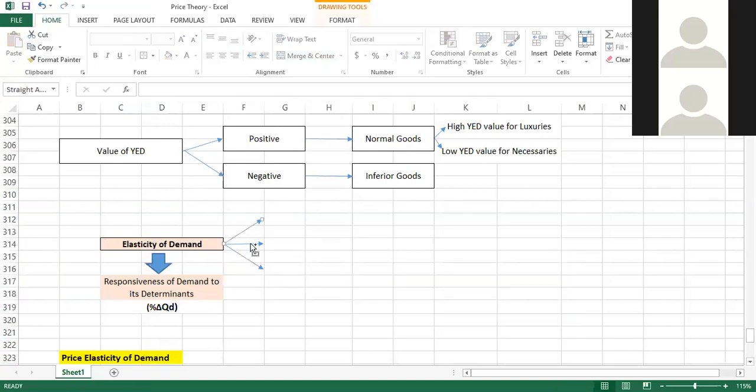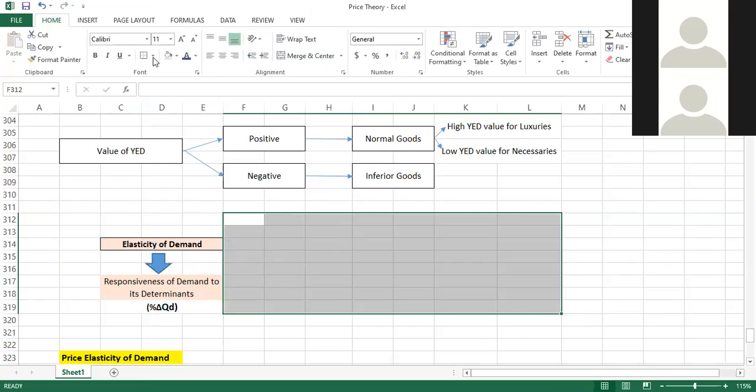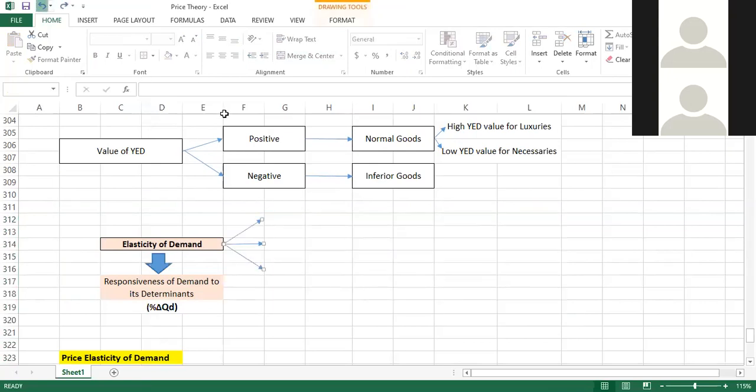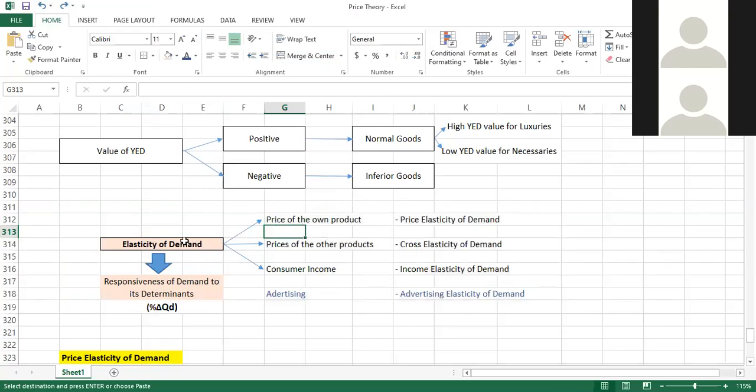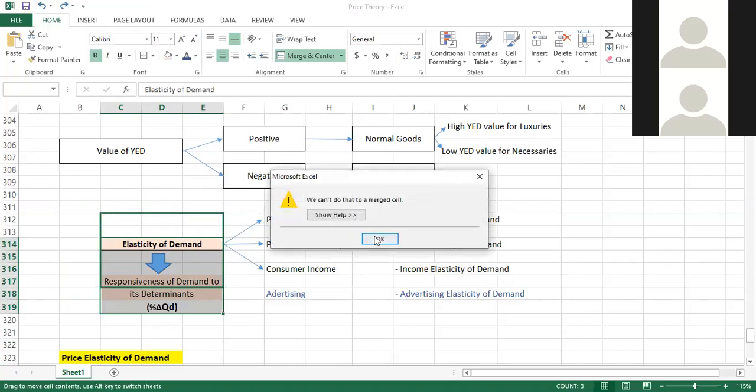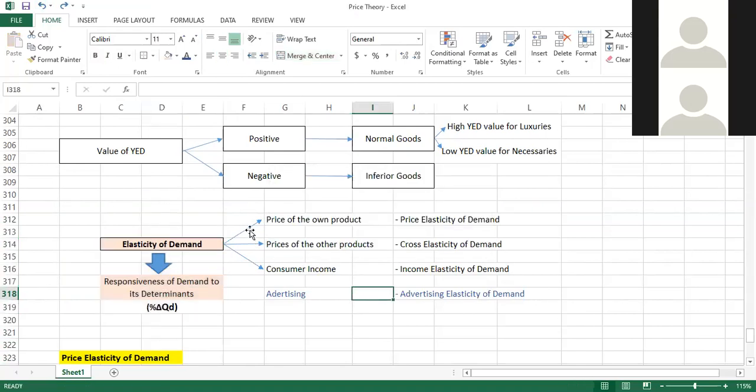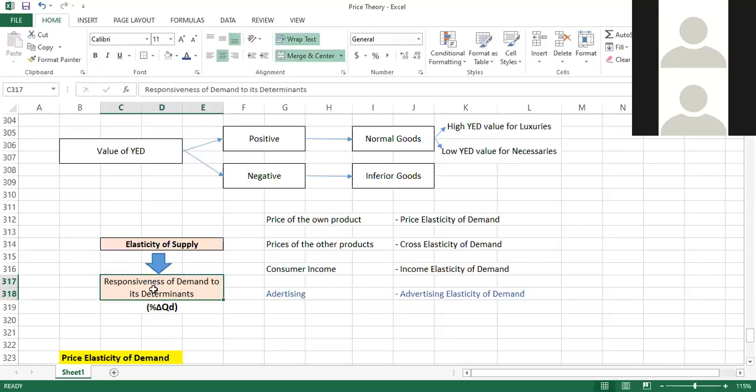Elasticity of supply we usually analyze with respect to only one factor, that is the price of the own product. Therefore, when we consider the elasticity of supply, the meaning is simple. So you know what is the elasticity of supply?